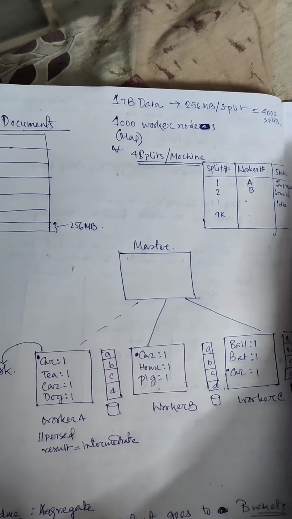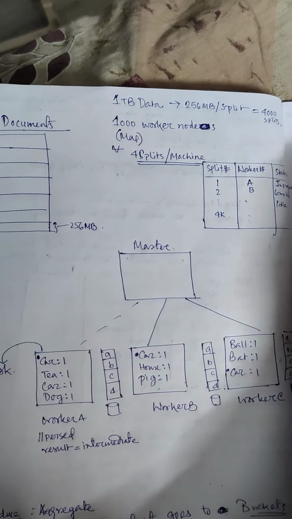So say for example this is my worker node 3, and worker node 3 is taking responsibility for split IDs 4, 6, 13 and 50.